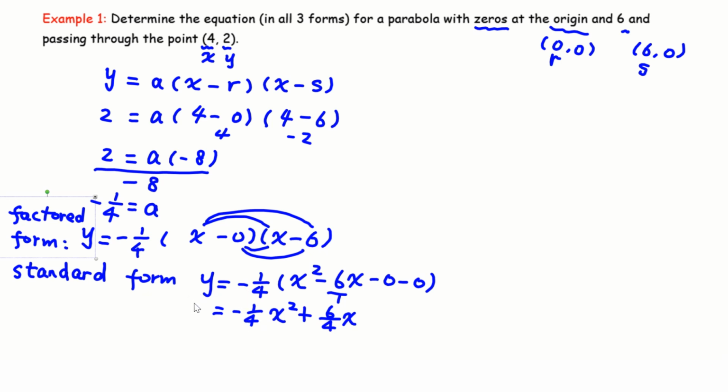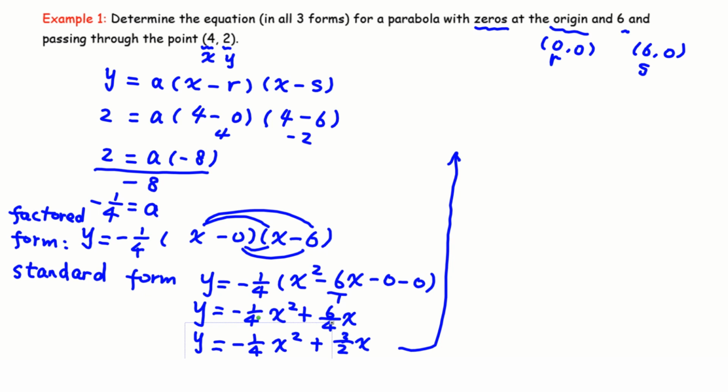So this is your standard form. It's ax squared plus bx, and the c value is 0. We could simplify 6 over 4 to the lowest form. It will be negative 1 over 4 x squared plus 3 over 2 x, since both can be divided by 2. So this is your standard form.